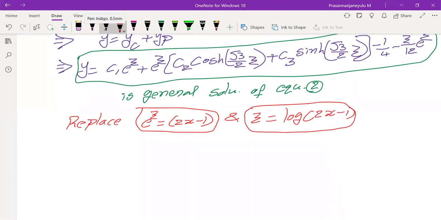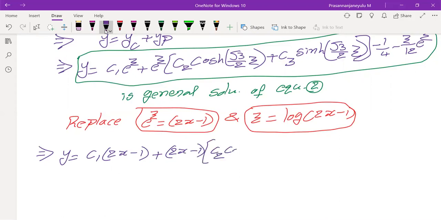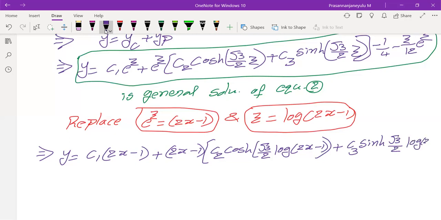If we substitute these, our equation becomes y equals c1 into 2x minus 1 plus 2x minus 1 into c2 into cos h of root 3 by 2 into z, where z is log of 2x minus 1, plus c3 into sin h of root 3 by 2 into z, where z is log of 2x minus 1, minus 1 by 4 minus 1 by 12 into z.